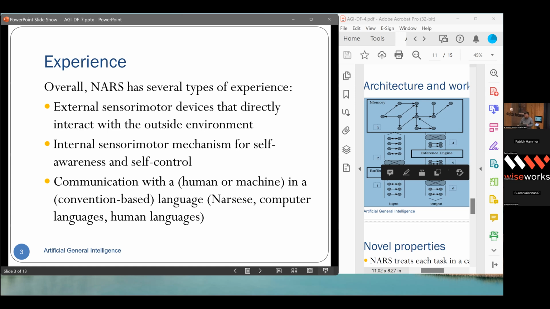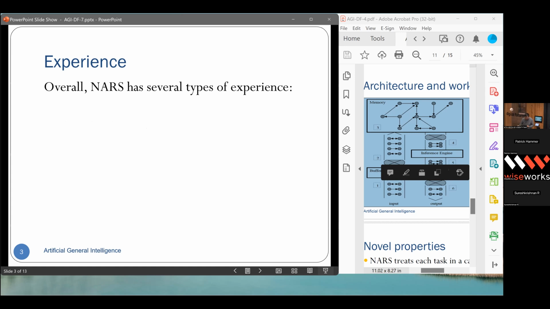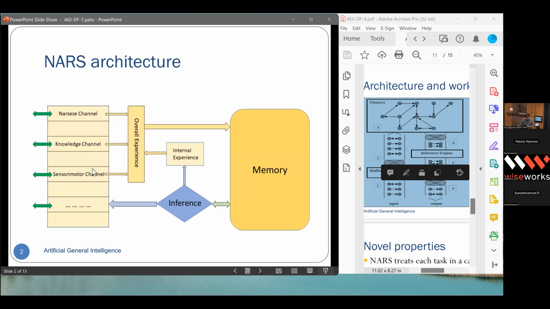But in this new channel design, we add two more types. One more type is what we call computer language. In a general sense, this corresponds to what we call a knowledge channel. A typical example is that we can hook up NARS with an existing knowledge base.